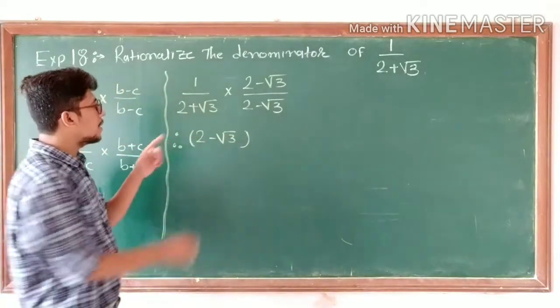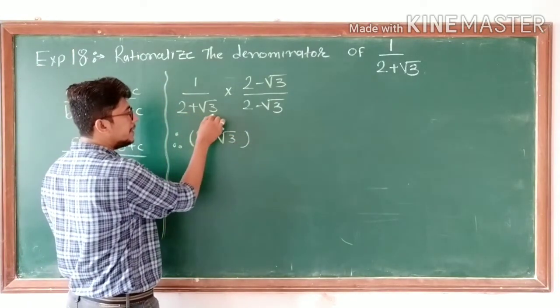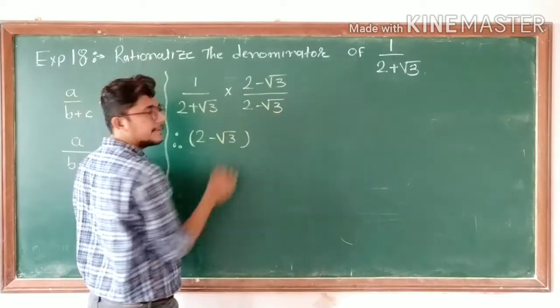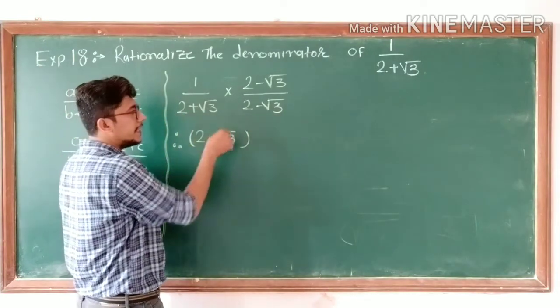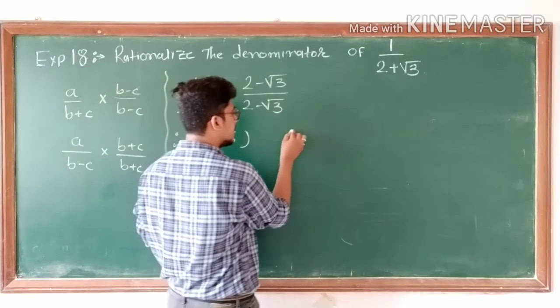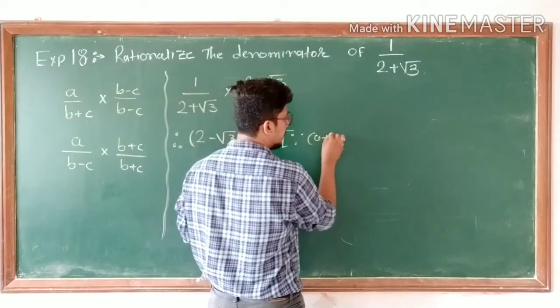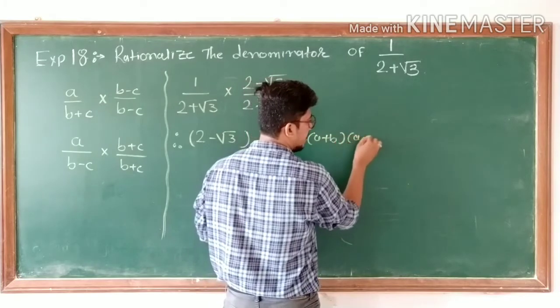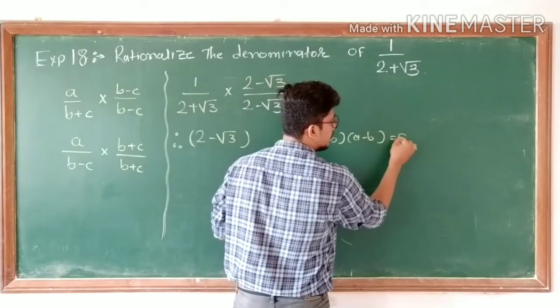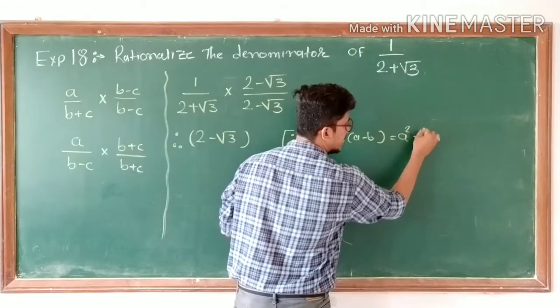Yes. Now look here: a plus b, a minus b. Because a plus b times a minus b is nothing but a square minus b square.